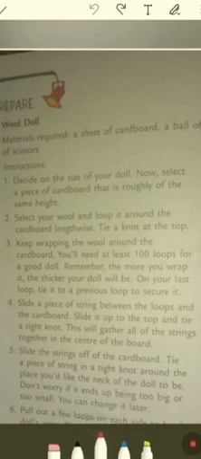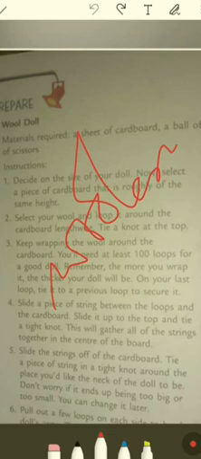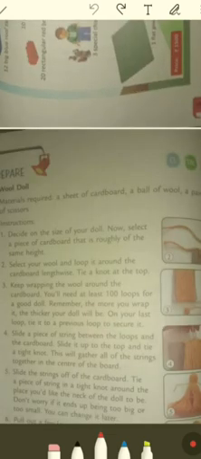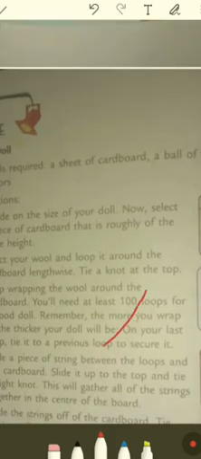You are asked to prepare a wooden doll, woolen doll. Okay, not wooden, woolen. You know wool, right? In winter, as winter is approaching, we all have started wearing woolen clothes, right, to keep ourselves protected and warm. So, you all know what a doll is, right? So, what materials will be required in order to make this doll? Let's find out.